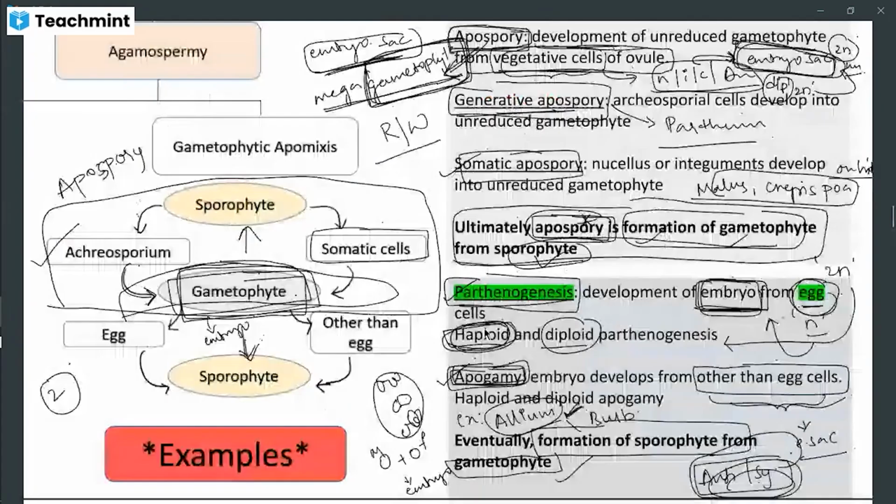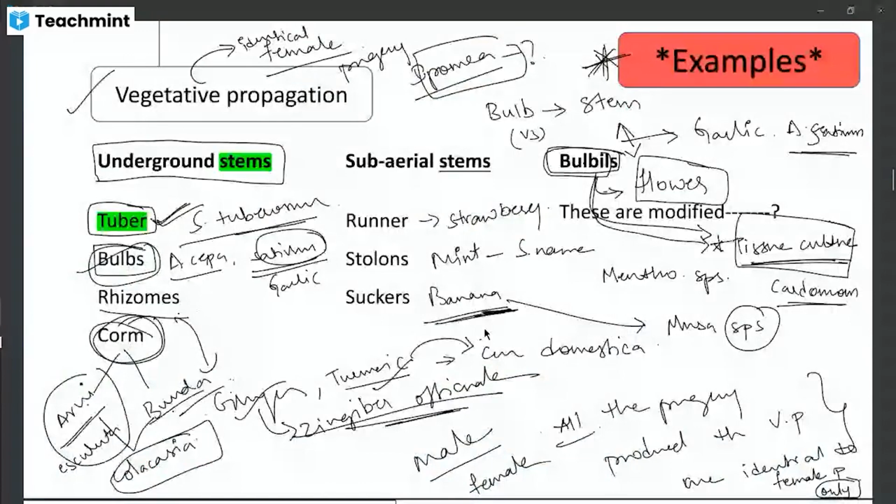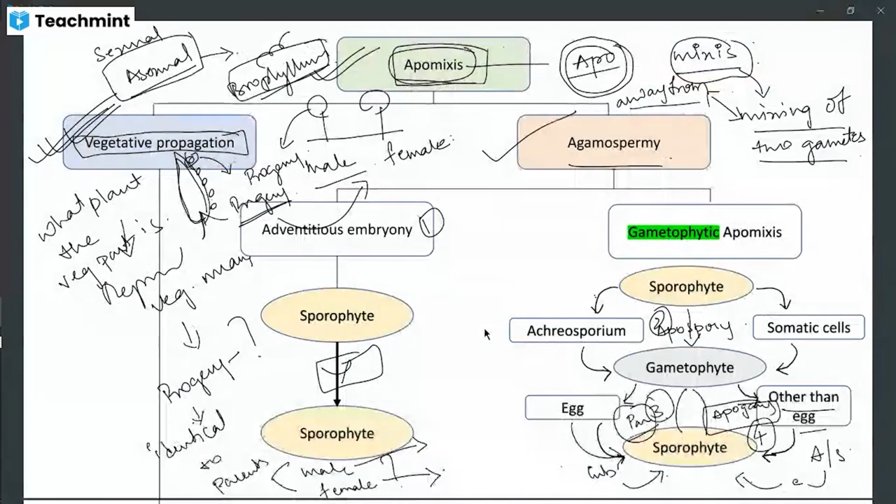So hope everyone learned about apomixis, its classification and how to detect apomixis. If you have any doubts, you can speak out. And now we will move to pollination.